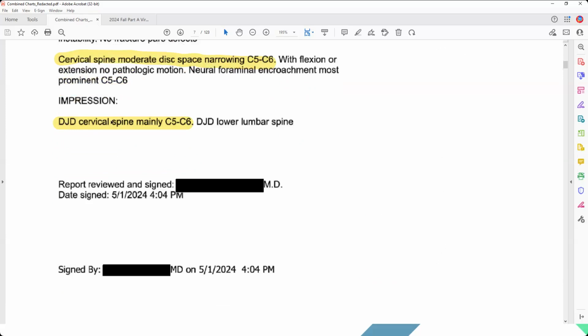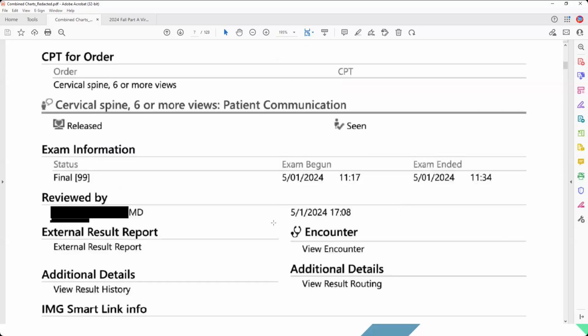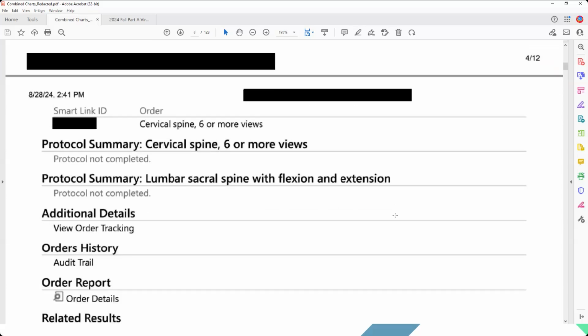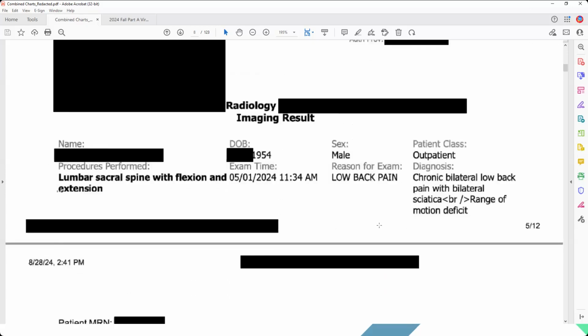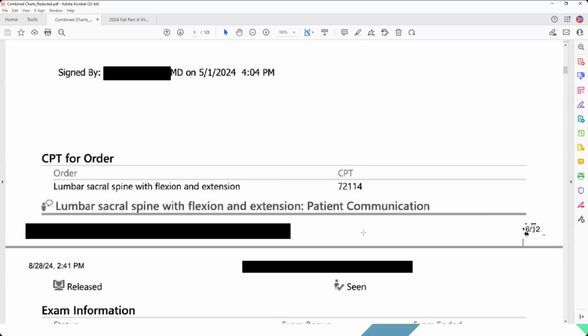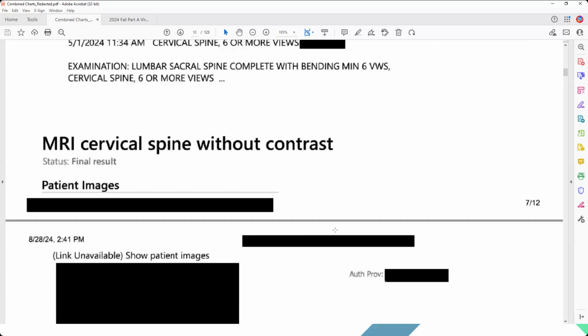We have some degenerative joint of the cervical spine, mainly C5, C6, and then we know we have some lumbar stuff based on the other MRI. So as we continue to scroll on, I'm just scrolling through some of this additional information that was sent in that we don't necessarily need. It's about the lumbar issues as well.